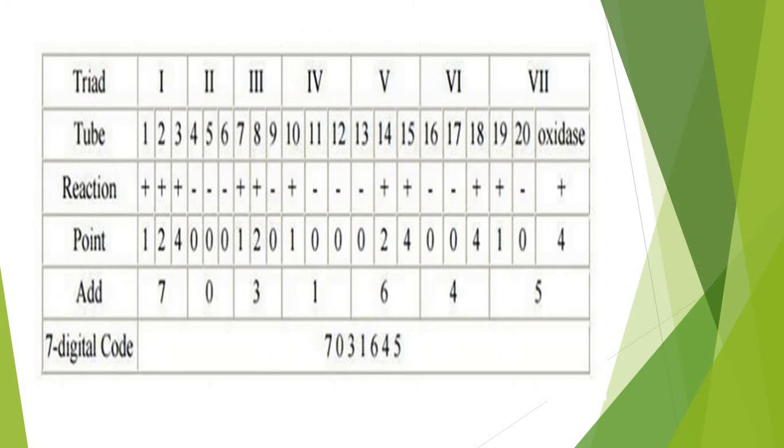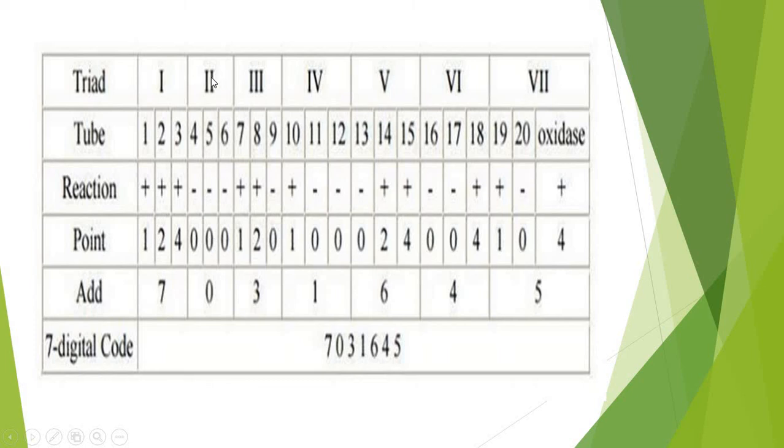This is another depiction of how to count the numbers on the sheet. These are triads, the first triad. For example, if in the first triad all tests are positive, then we add all the numbers together: 1, 2, 4 equals 7. This is the code for each test.